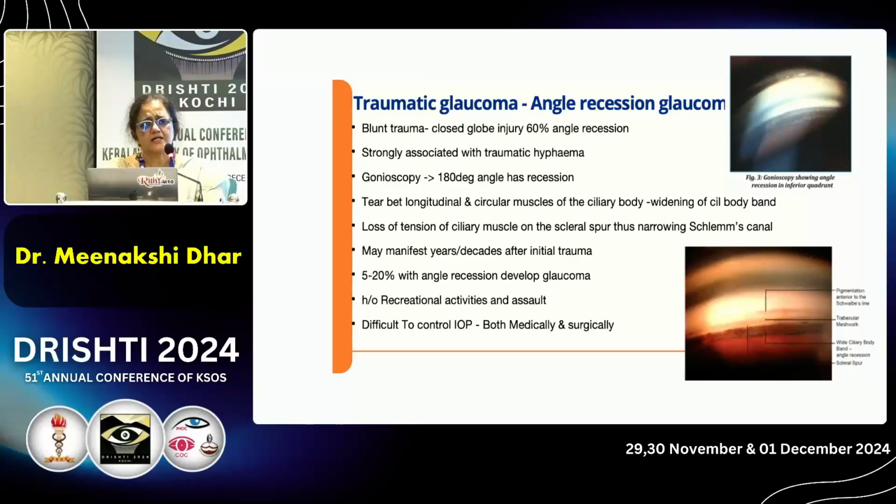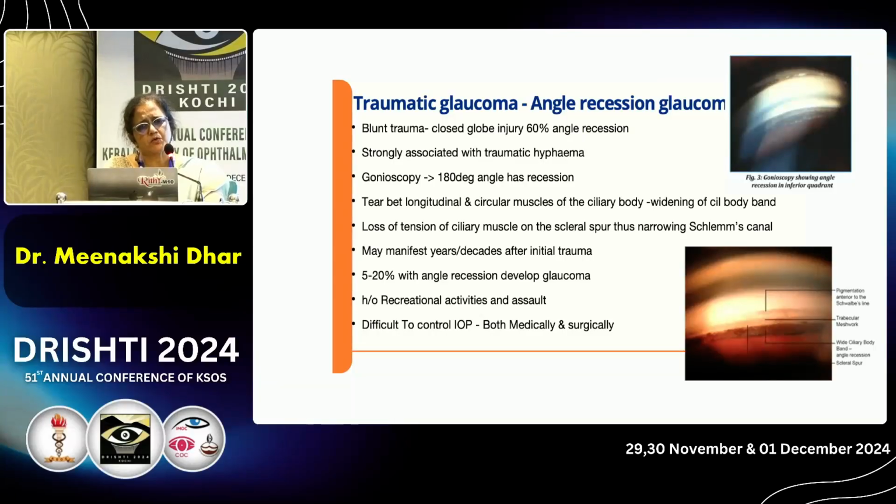Angle recession occurs after blunt trauma in a closed globe injury. In 60% of these patients end up having angle recession. They may end up with a glaucoma either a few months or even years after having had this trauma, and sometimes the patient may not even remember that they had a history of a trauma.